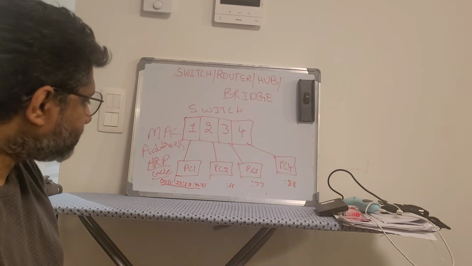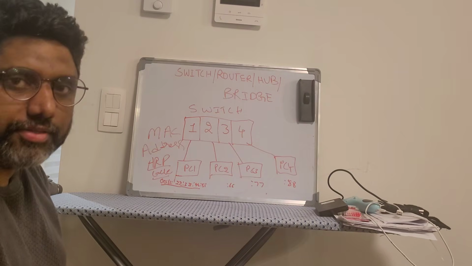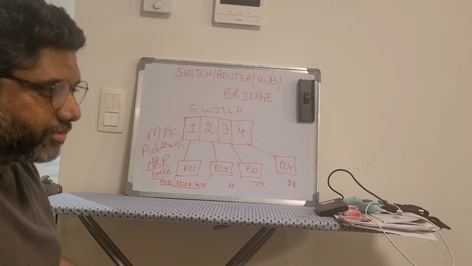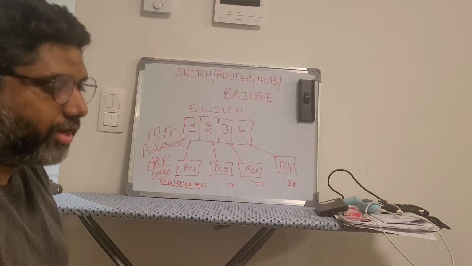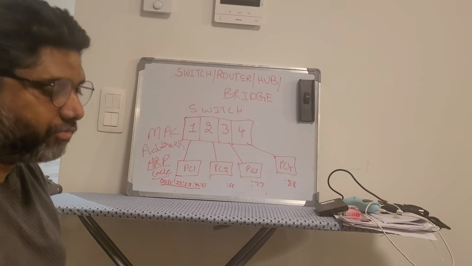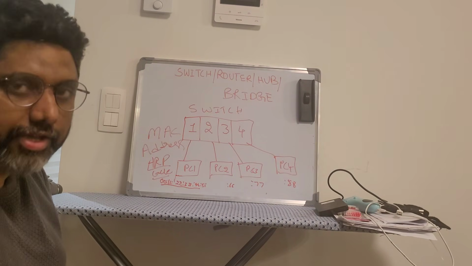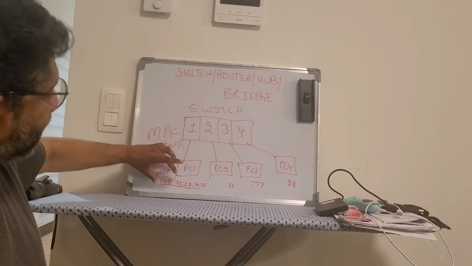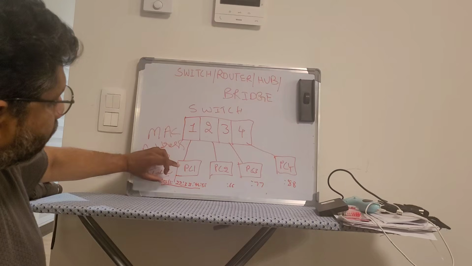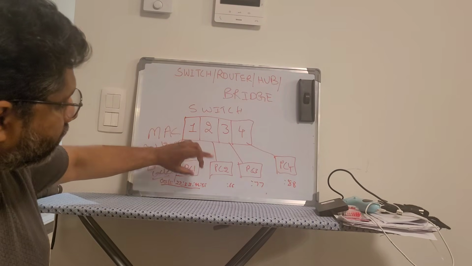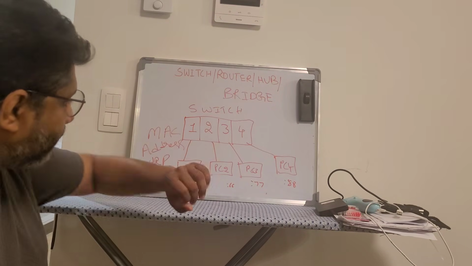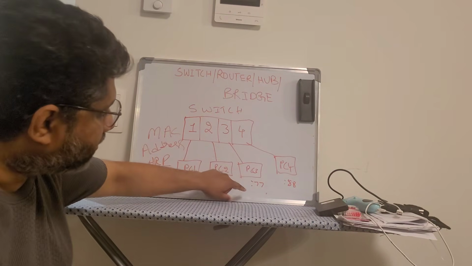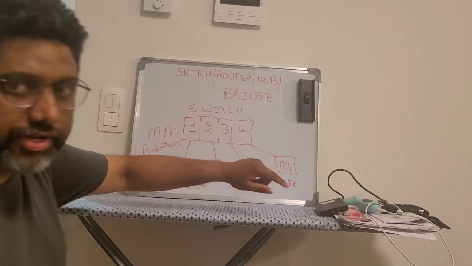Here, within a local area network, all the packet forwarding is done using MAC addresses. So PC1 knows its MAC address, which is 00:11:22:33:44:55. It wants to communicate with PC3, for example, which ends with :77.